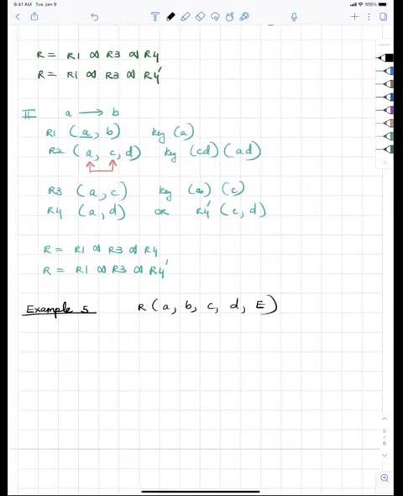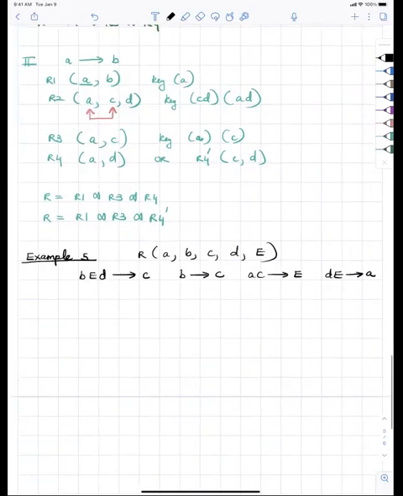So we have A, B, C, D, E. And I'm writing E in uppercase because my lowercase e and a and c look very similar to each other. Okay, so these are the functional dependencies. So first, find the keys.